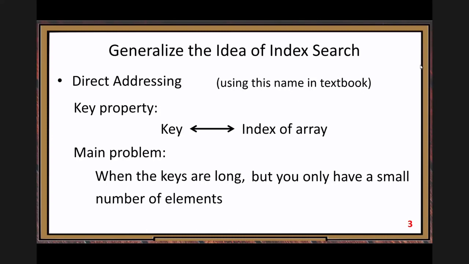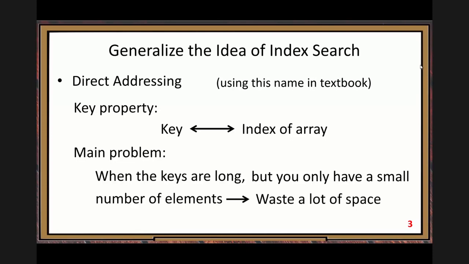Because when you have a long search key, the number of data items you need to manage many times is a small number. Long search keys corresponding to relatively small number of elements. How can you do it efficiently?